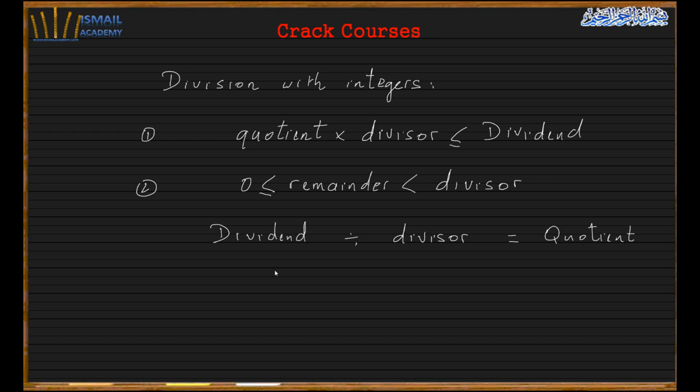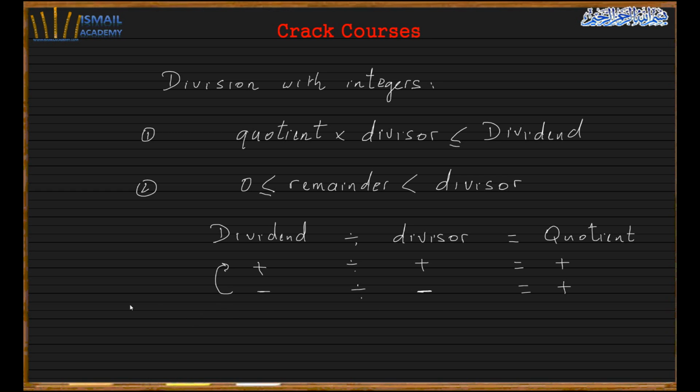If the dividend is positive divided by a positive divisor, the quotient will be positive. And if I have a negative dividend divided by a negative divisor, it will give me a positive quotient. So when we divide by a negative divisor and the dividend is negative, we switch to a positive.